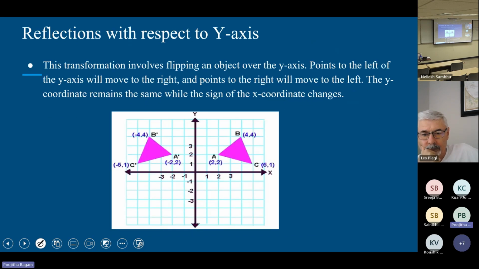In the case of reflection with respect to the y-axis, this transformation involves flipping an object over the y-axis. Here we can see this image got reflected with respect to the y-axis, and the y-coordinate remains the same, but the sign of the x-coordinate changes.